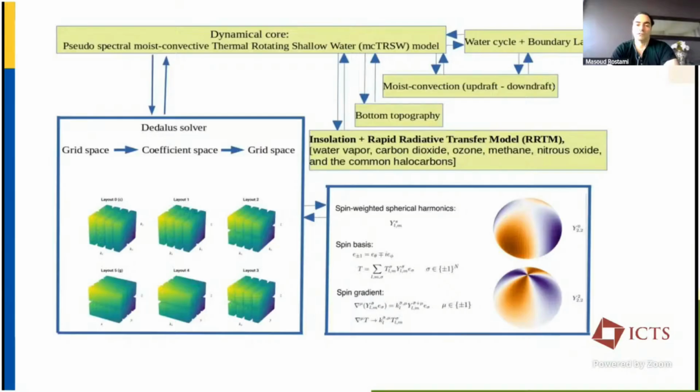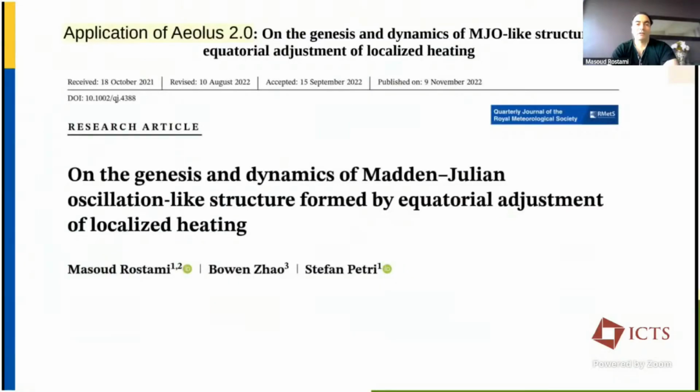This scheme shows that we can start from an idealized case and go to intermediate complexity, and other physics, if you know the physics, can be included in the equations quite straightforwardly. It's not complicated. One application of the thermal rotating shallow water system that we did a few years ago is about how we can capture the effects of moist convection on larger-scale structures like the Madden-Julian oscillation.